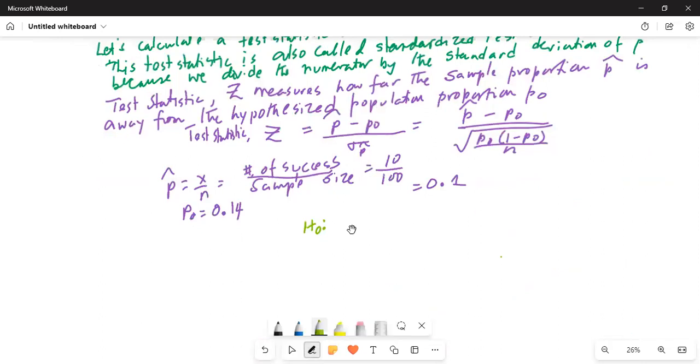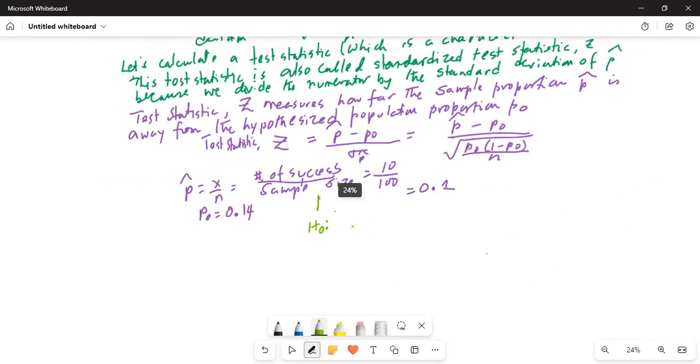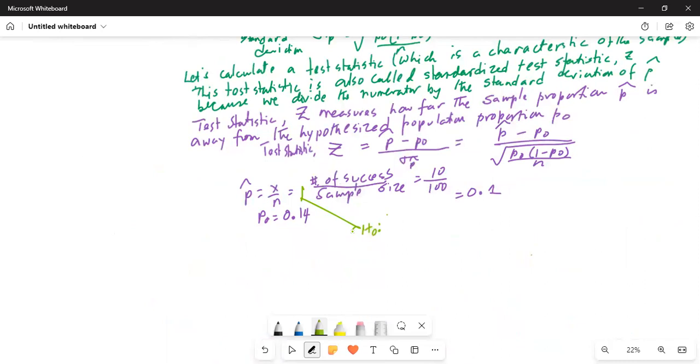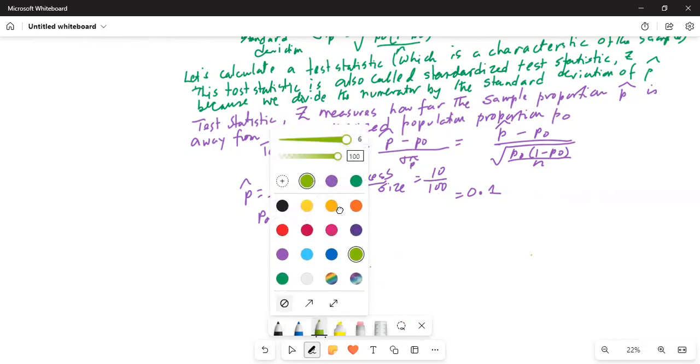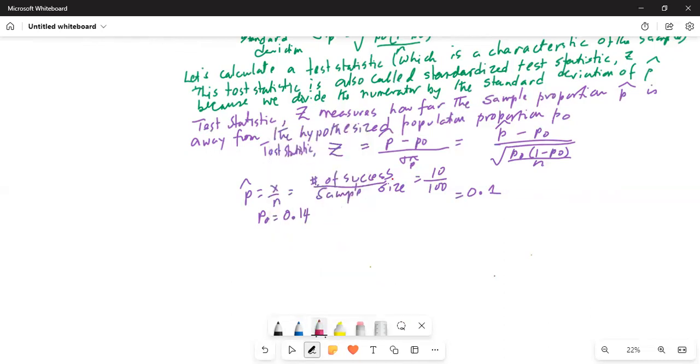My null is P equal to 0.14 and my alternate P is not equal to 0.14.